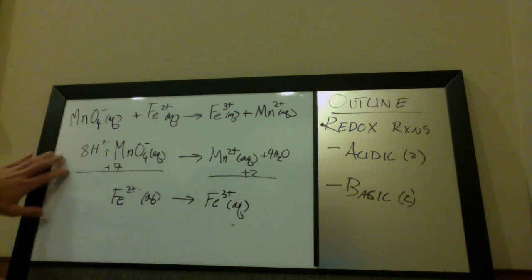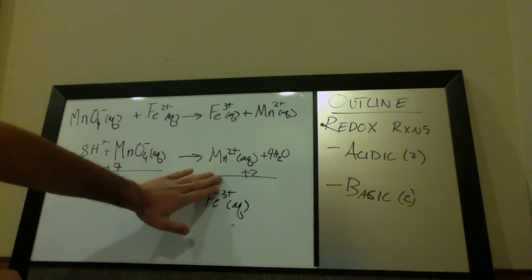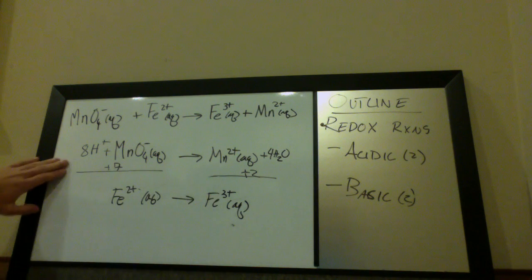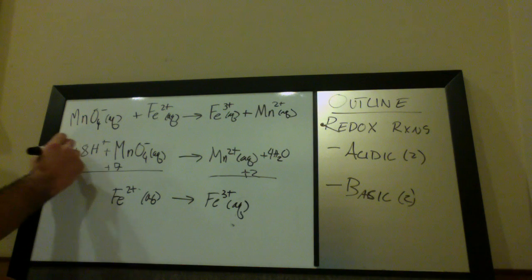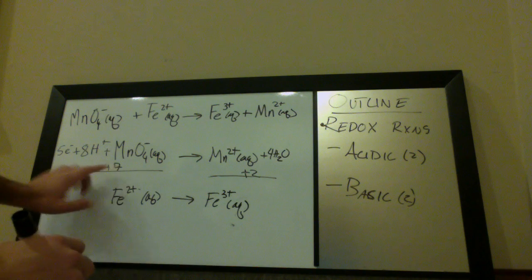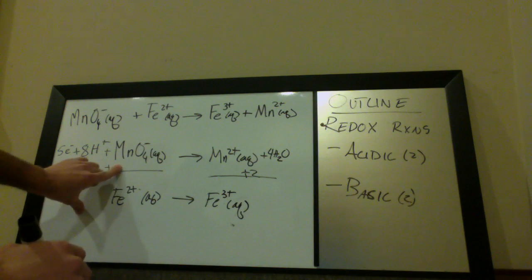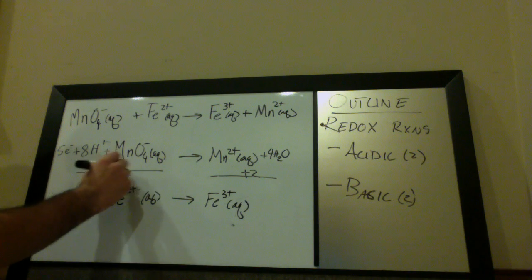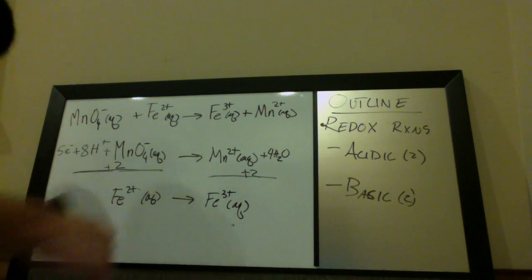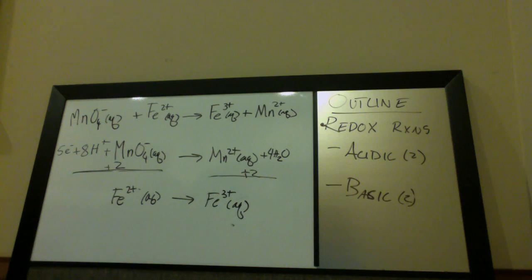To balance this out with the plus 2, I have to add 5 electrons. So I'm going to add 5 electrons. Now this side has the same charge, plus 2 on this side and plus 2 on this side. So we have balanced this half reaction.